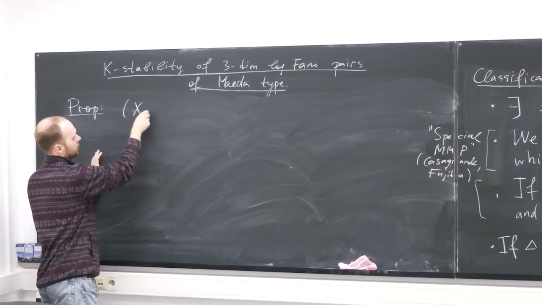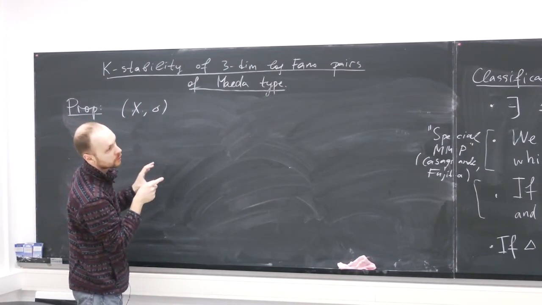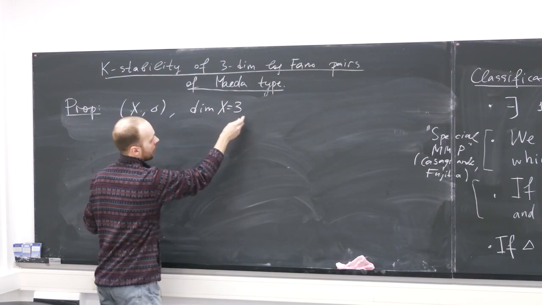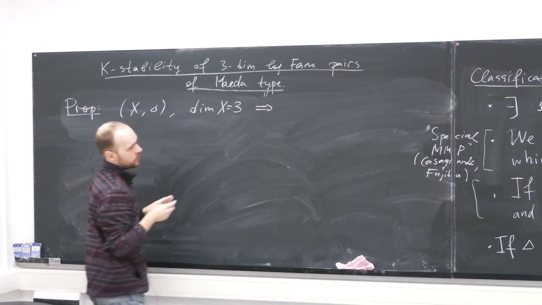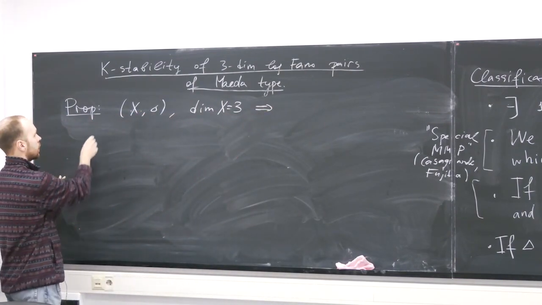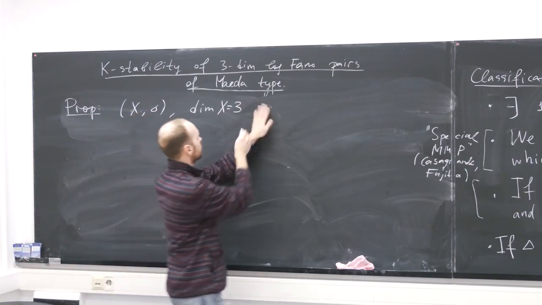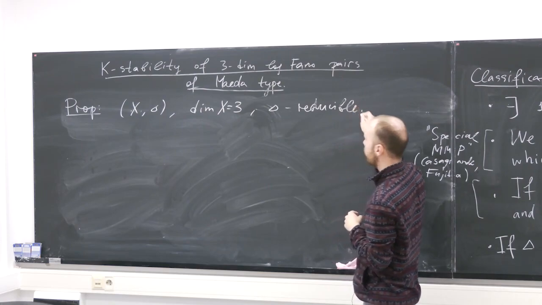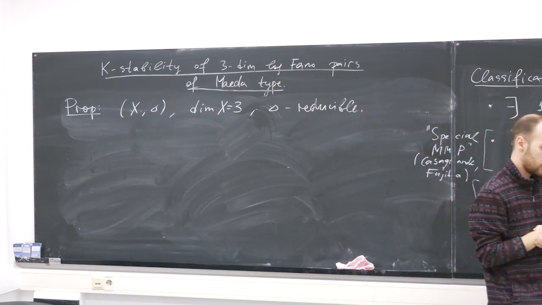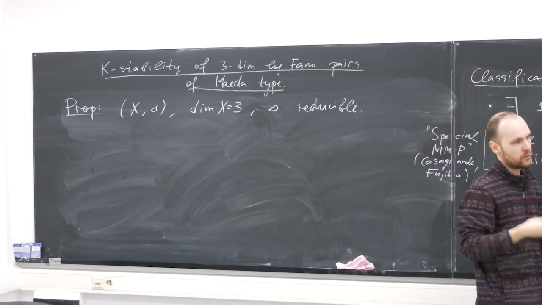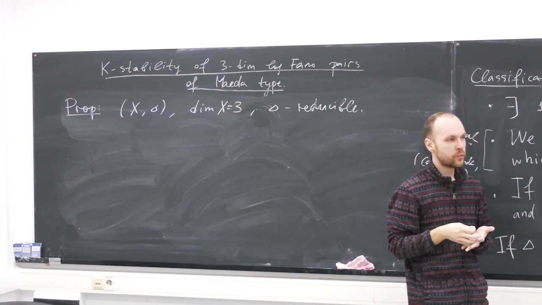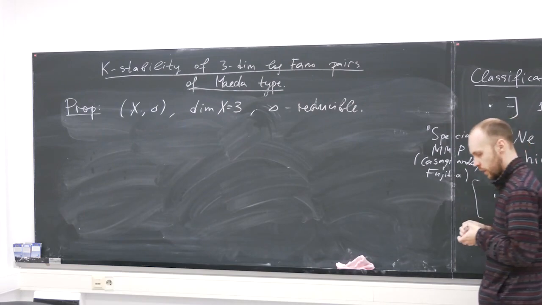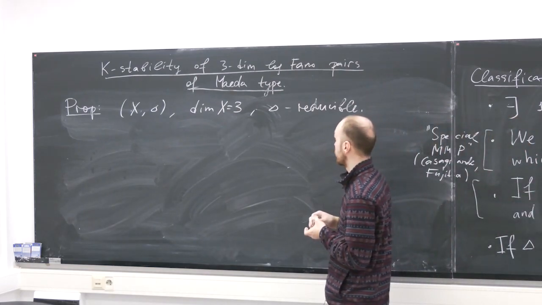So if (X, delta) is a log smooth log Fano pair of dimension 3, and delta is reducible, then there are the following possibilities. Of course one can use this approach to classify all such pairs, but I work with the case of reducible boundary.